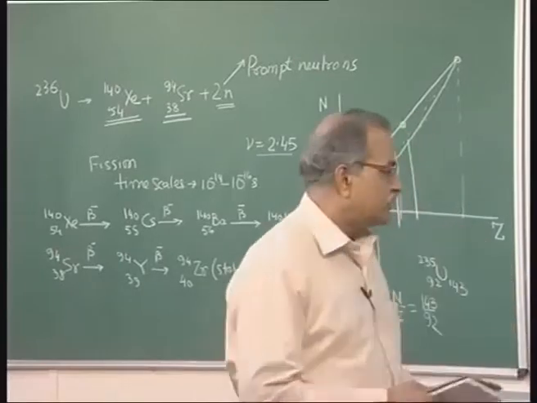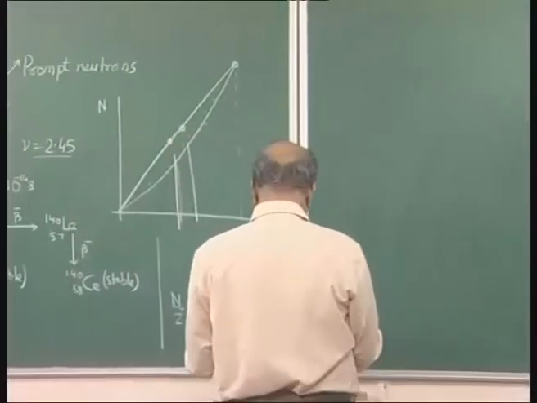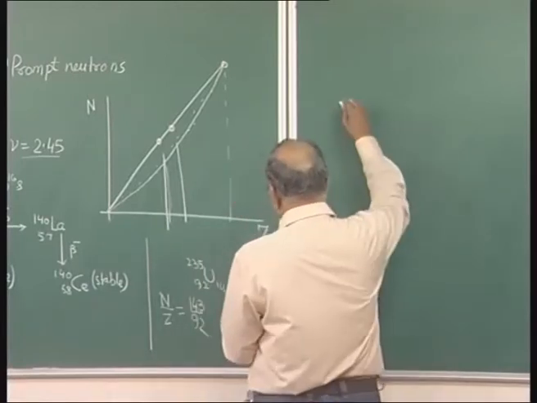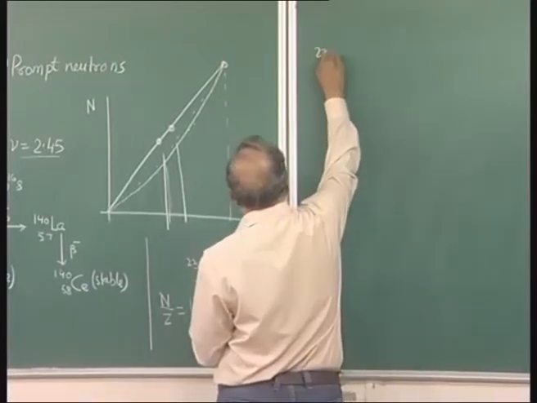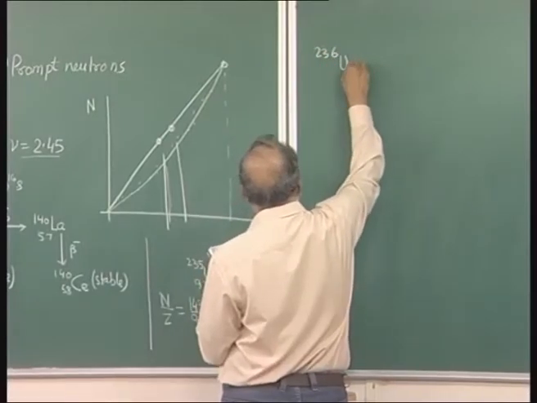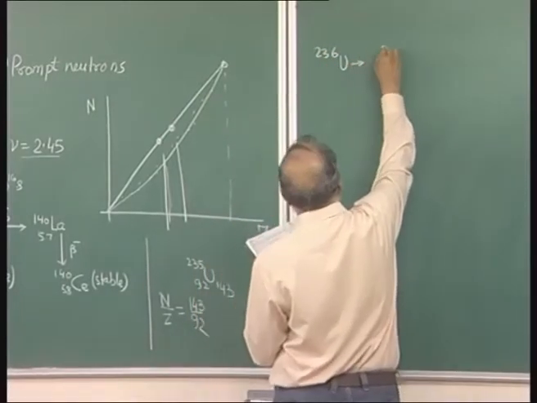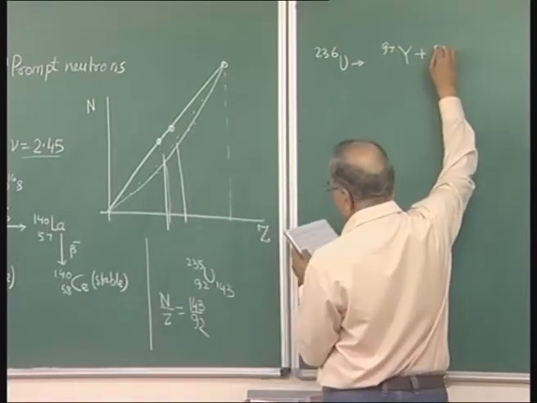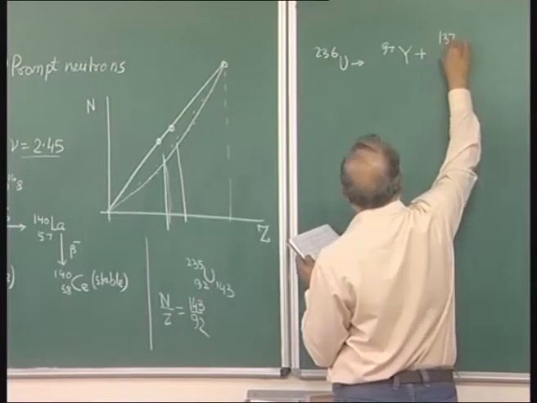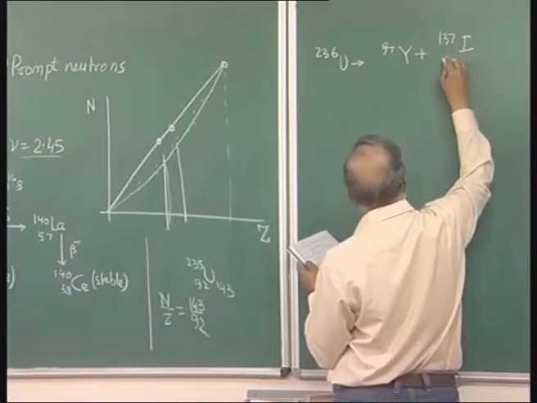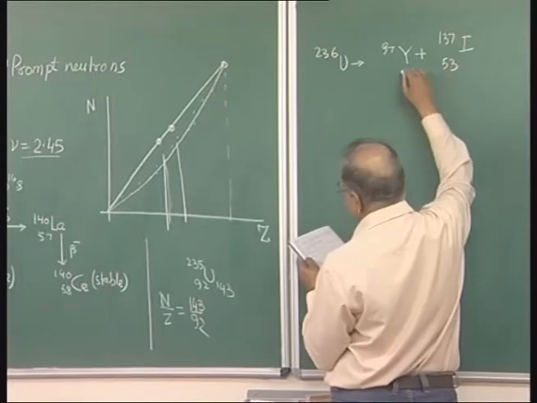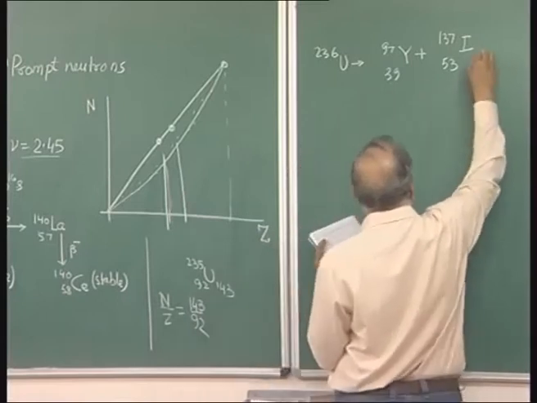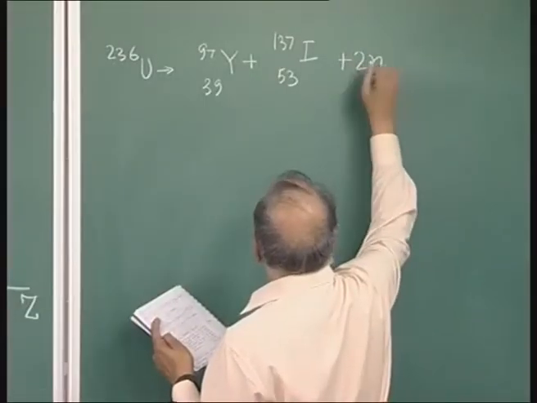One more reaction I will write, let us say uranium 236 going to 97 yttrium plus 137 iodine. Iodine has Z equal to 53 and yttrium has Z equal to 39. And plus 2 neutrons, these are the prompt neutrons.